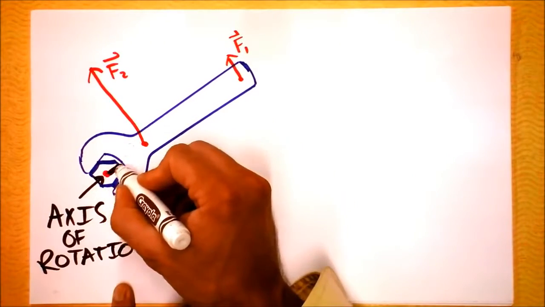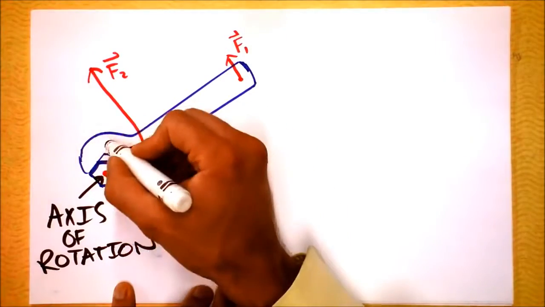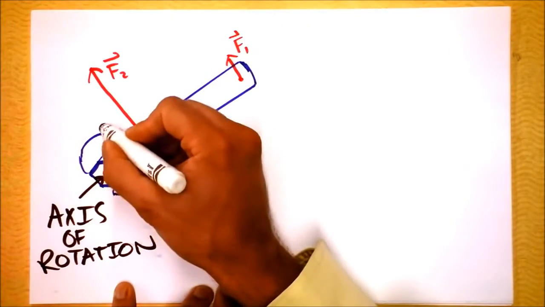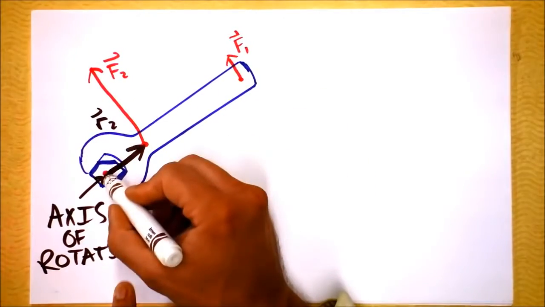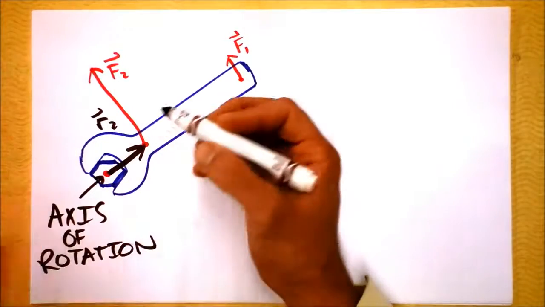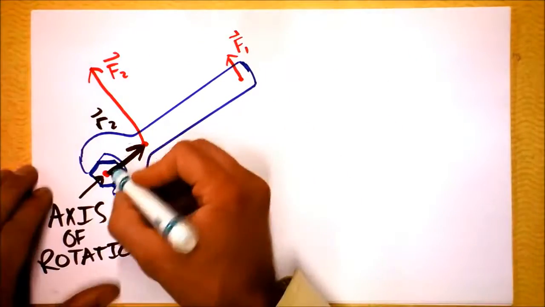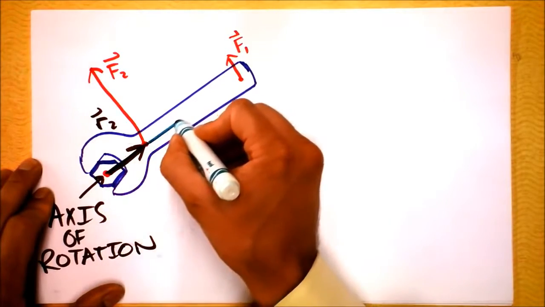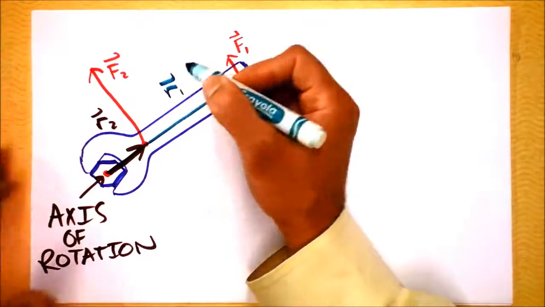So this distance between the axis of rotation and where the force is applied, I'm going to call R. So I'll call this one R2, and it's actually a vector pointing from the axis of rotation to where the force is applied. And this other one, well, I guess I'm going to have to use a different color because it's getting a little bit crowded in here. I'm going to say this one, going from here to here, is R1.